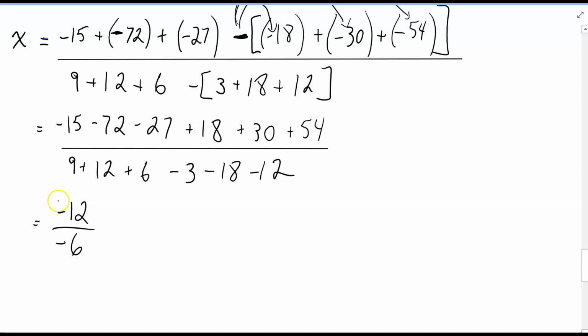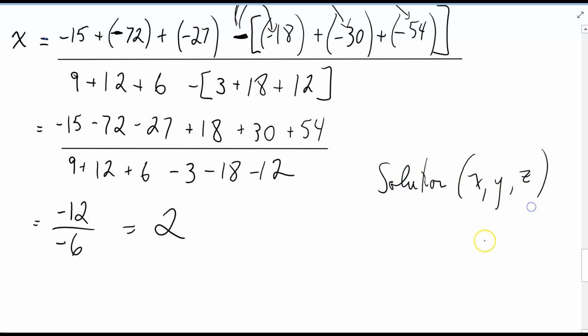And minus 12 divided by minus 6 equals 2. So far, our solution, which looks like x, y, z, right, will be 2, and we have the y and the z still to figure out.